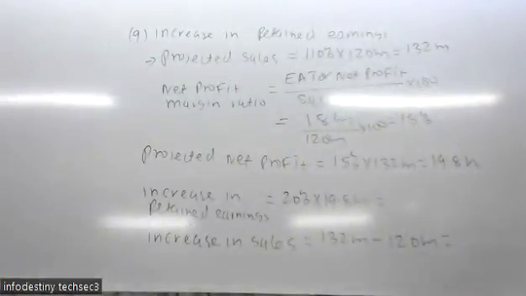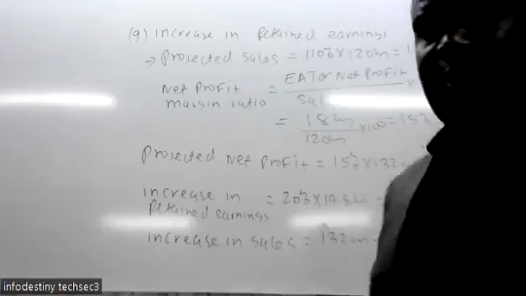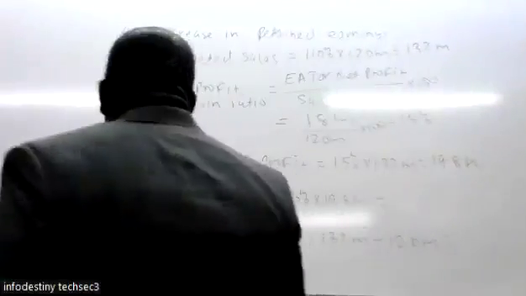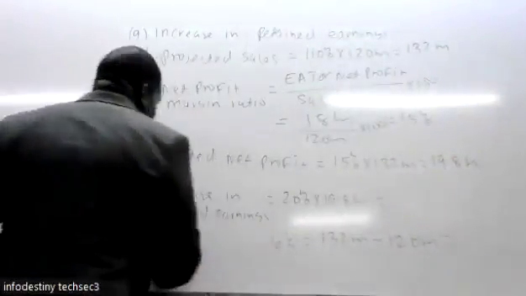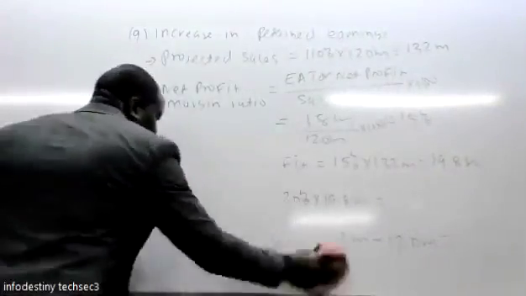Those were just the workings. We now answer the Roman letter 1, external financial requirements. Those workings are enough to answer the entire question. So we start Roman letter 1.